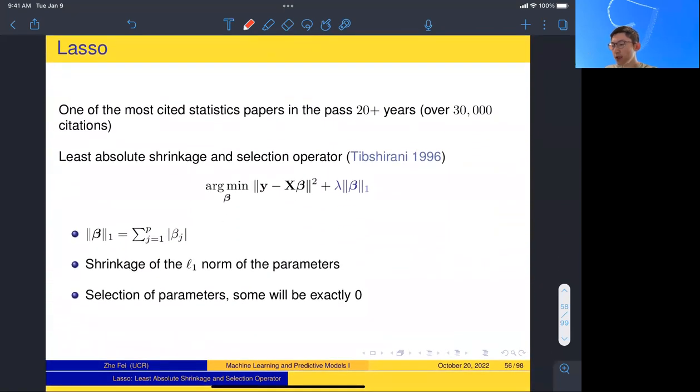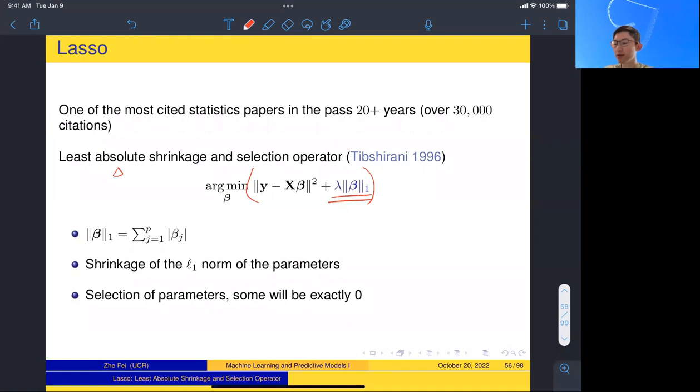First of all, the lasso solution can be written as the objective of this function. Instead of the L2 norm, we see that lasso imposes an L1 norm, and lasso, by the way, stands for least absolute shrinkage and selection operator. So the absolute here refers to the L1 norm.